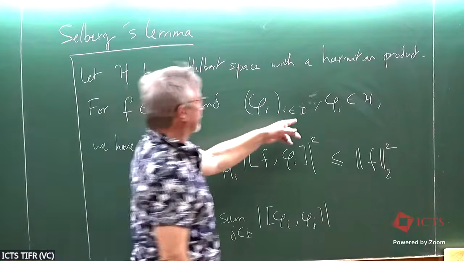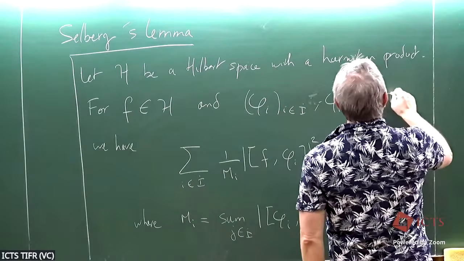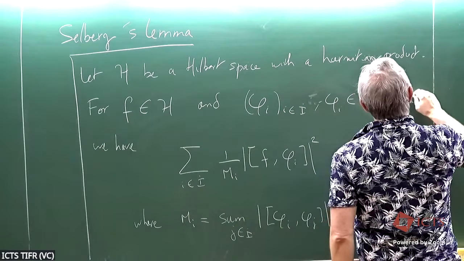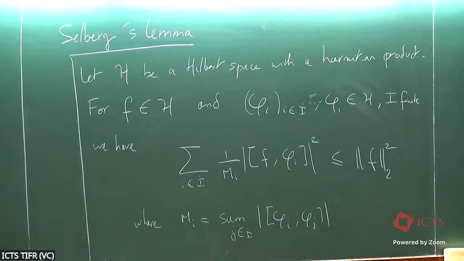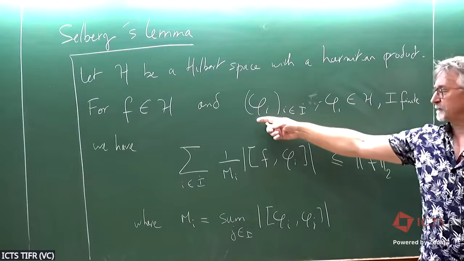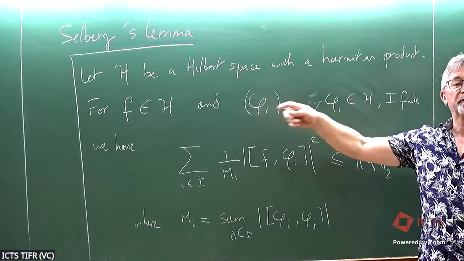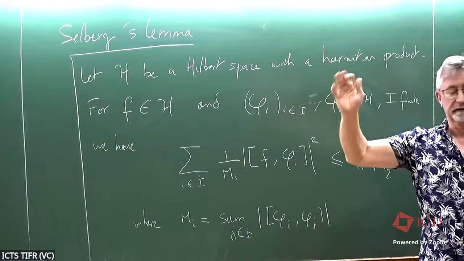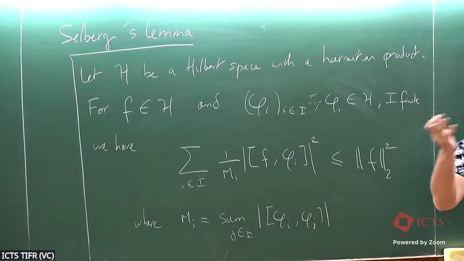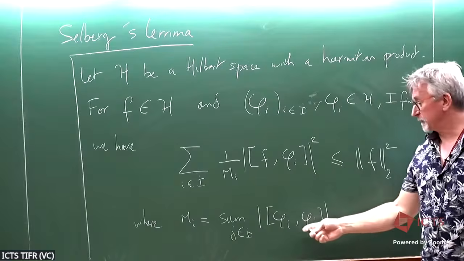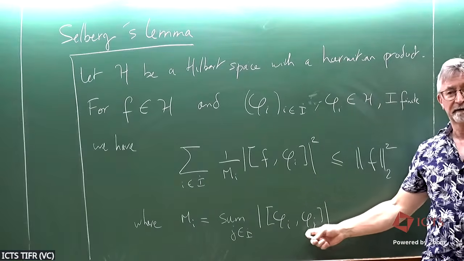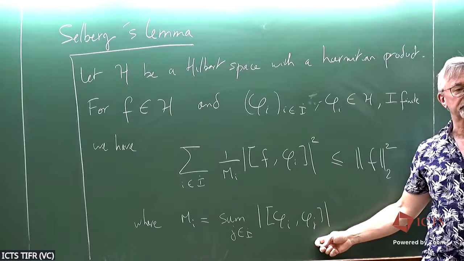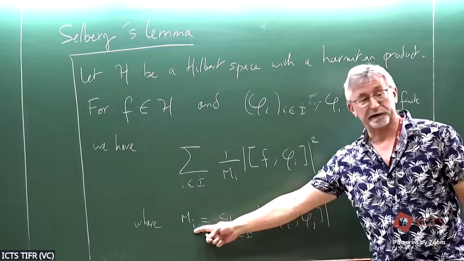Yes, for finite families. It's just to tell you that the indices don't matter, it's just a finite family. So just imagine that these phi_i are an orthonormal basis. If it's an orthonormal family, maybe not a basis, then the scalar product of phi_i with itself is 1, phi_i with phi_j is 0 for j different from i, so m_i is 1.